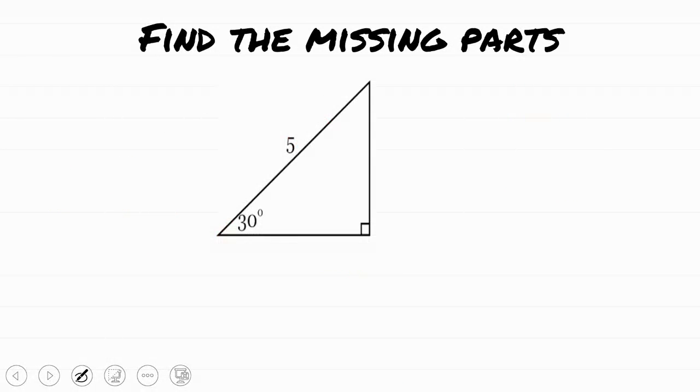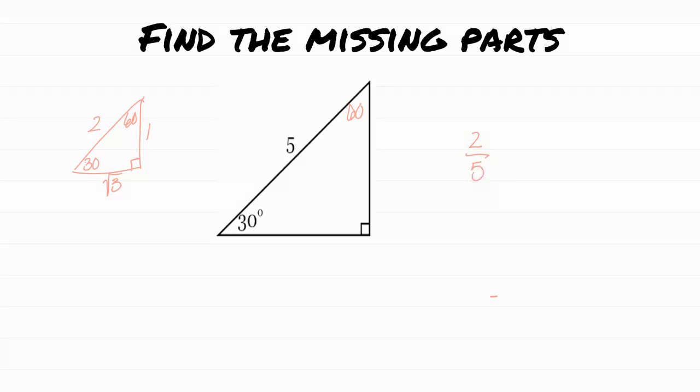Let's try 30, 60, 90. And we're going to find the two missing sides here, okay? So again, let's look at our reference triangle. We know that the side opposite the 30 is 1, the hypotenuse is 2, and this other side is the square root of 3. Again, I can set up a proportion.